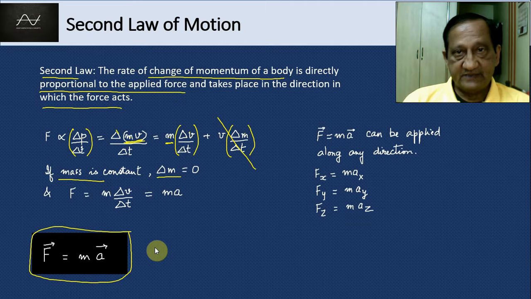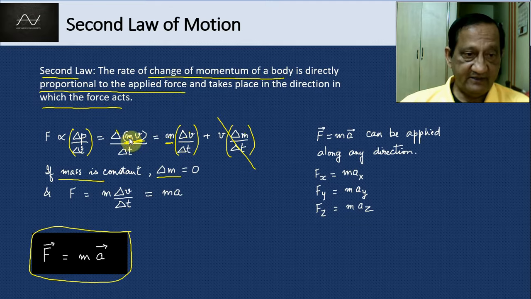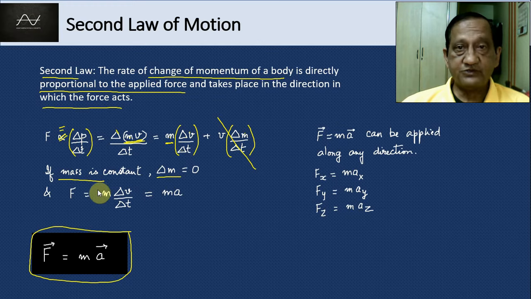Newton's second law of motion is often written as F equals ma, but strictly that is not correct. The correct expression is F equals delta P by delta T. The constant of proportionality is 1 by choosing appropriate units in SI.